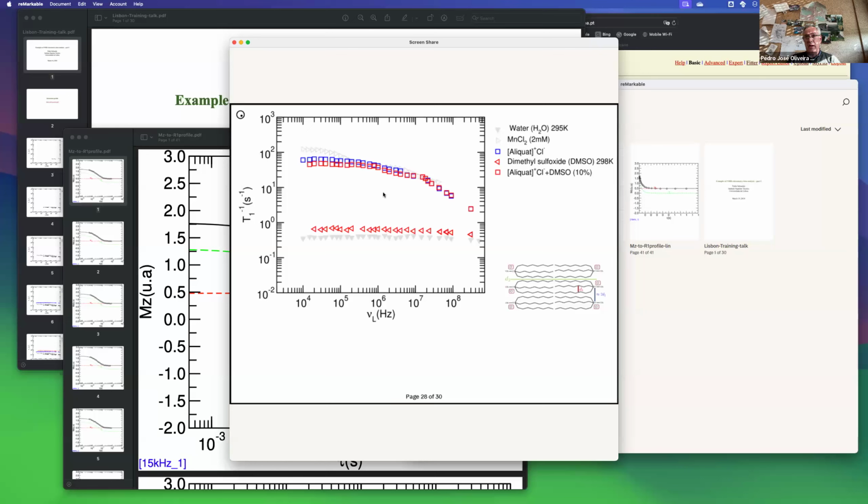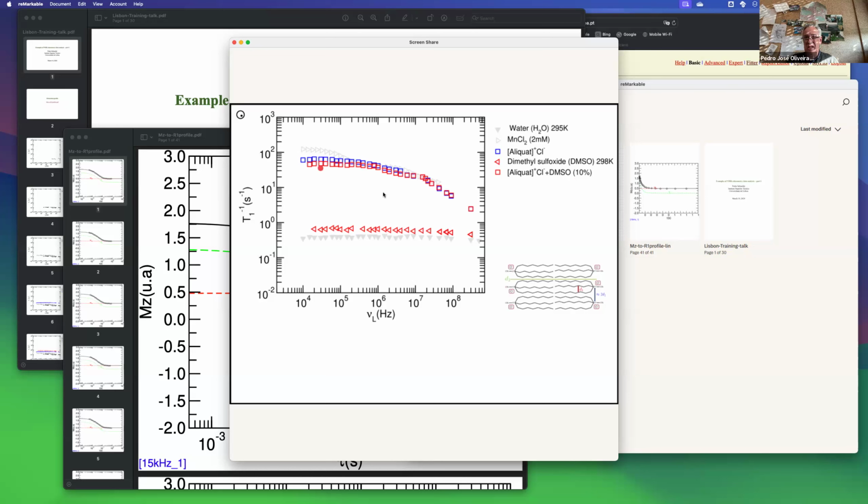Let me show you now a little bit more composition. Let's say I now have DMSO, so I bring back the dispersion profile I showed you for dimethyl sulfoxide, and I show you again the red squares, which is the same Aliquat that I showed in blue, but mixed with a little bit of DMSO, 10% in weight.